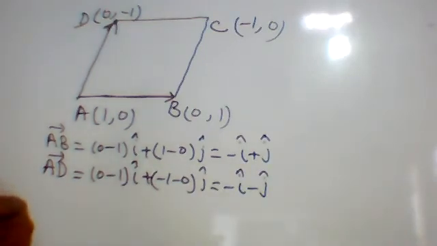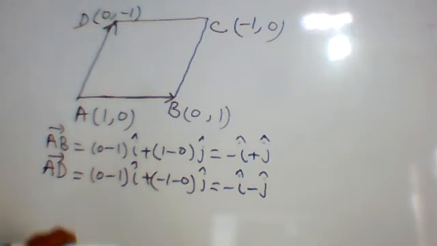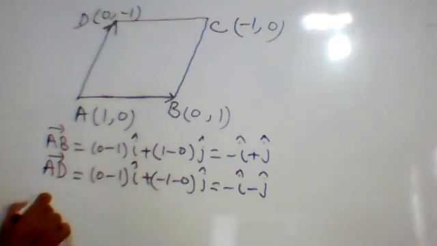We will take their cross product. That will be the vector area, and we will find the magnitude of that area. That will be the area of the parallelogram.